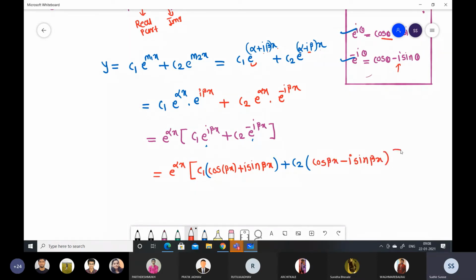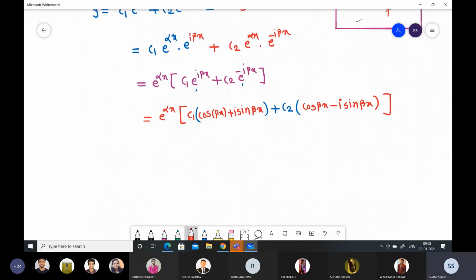And now we can take cos beta x common and sin beta x common. So we have e to the power alpha x outside, and now collect the coefficients of cos beta x. Here we have C1 and here C2, so C1 plus C2 times cos beta x.